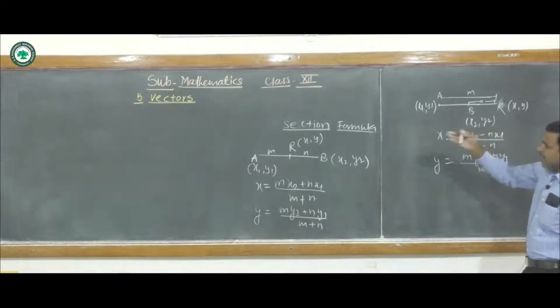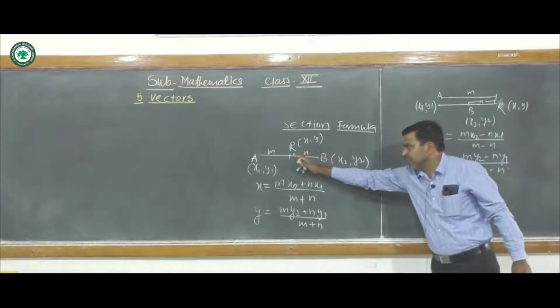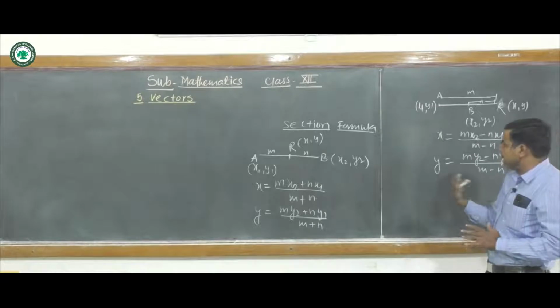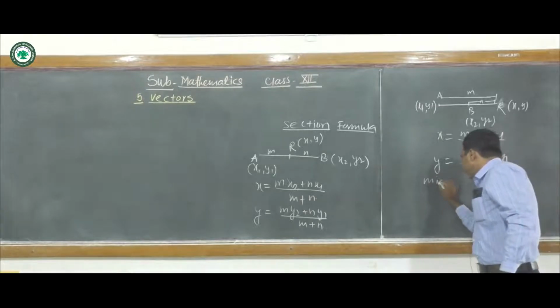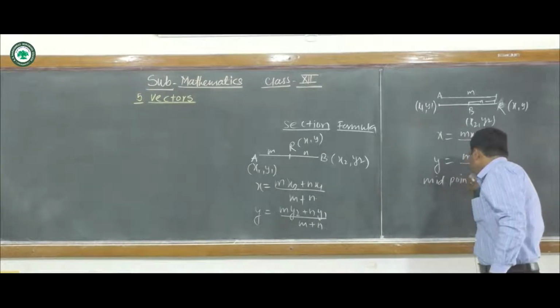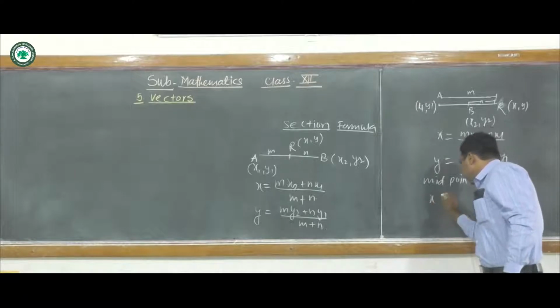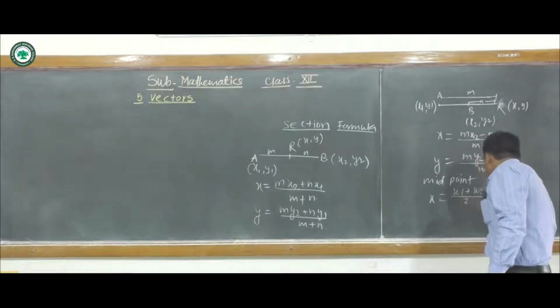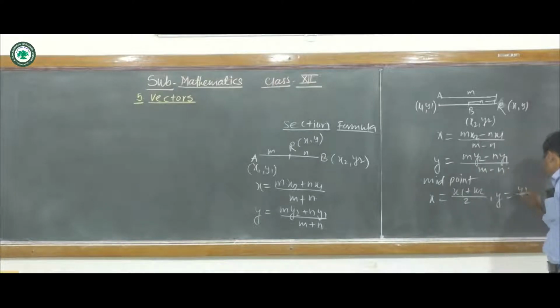Or if the point R divides internally in the ratio 1:1, it means that point R is the midpoint, then x is equal to x1 plus x2 upon 2 and y is equal to y1 plus y2 upon 2.